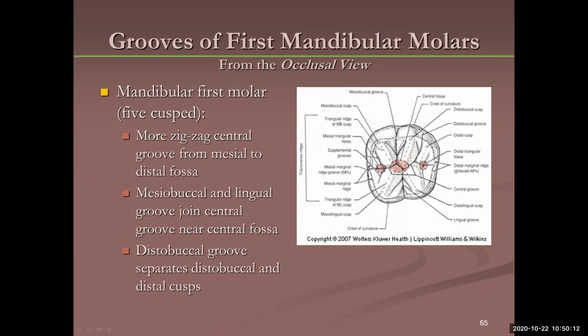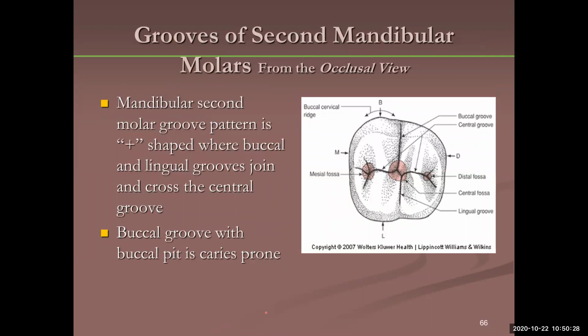So you've got a transverse ridge and another transverse ridge on this side. And then this 5th cusp is just a triangular ridge. Second molar, it's not so zigzaggy, it's more in a cross pattern. Buccal groove with a buccal pit that's more caries prone on the mandibular versus the lingual is more caries prone on the maxillary molars.